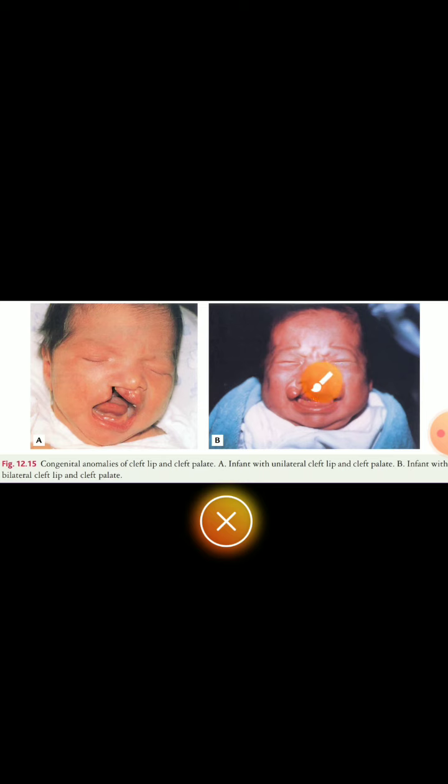In this you can see that it is bilateral, both on the right side and left side. So these are the different congenital anomalies of cleft lip and cleft palate. These can be corrected with surgeries, and the person can live a normal life even though there can be some difficulty in speech, which can also be corrected by speech therapy.